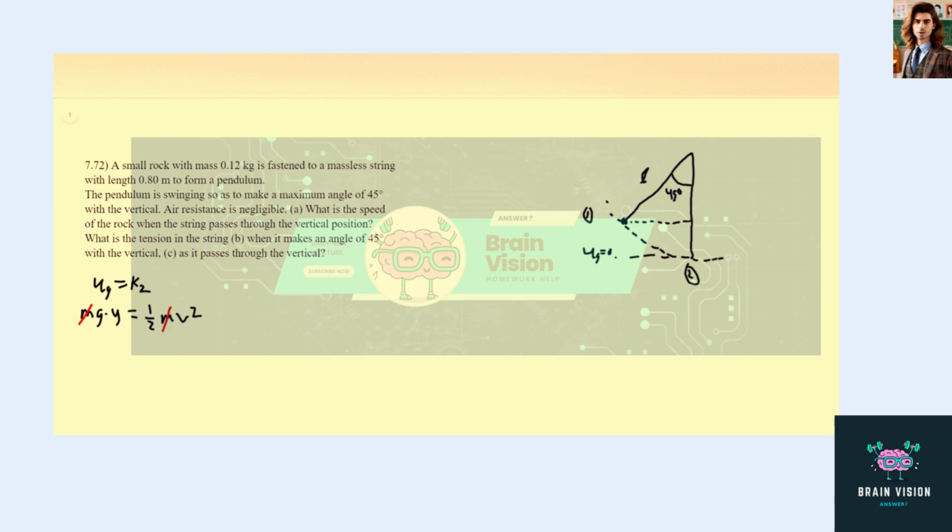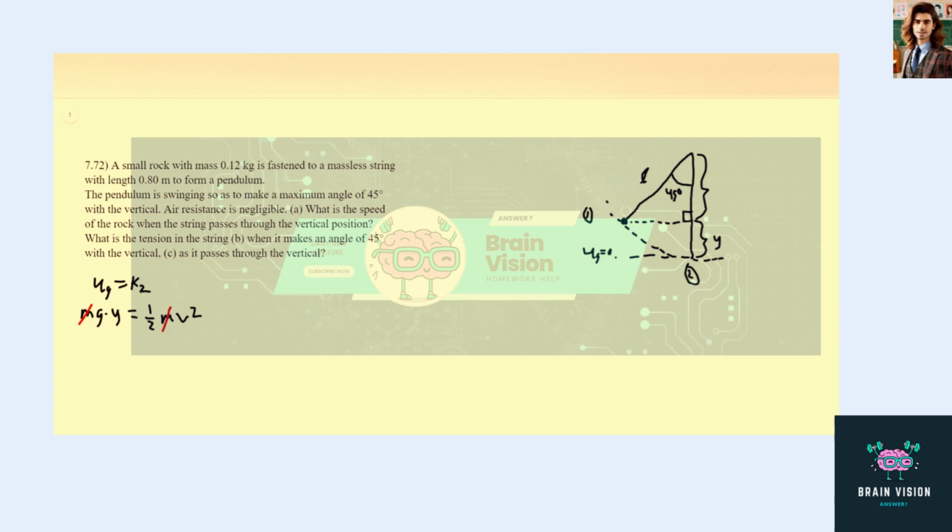The pendulum forms a right triangle between our length at the 45-degree angle and the vertical. This is y. I know that the whole length is L, so L minus this length is going to be y.